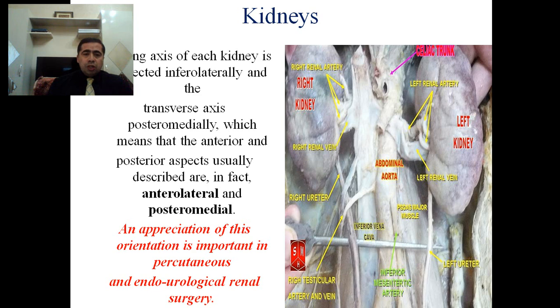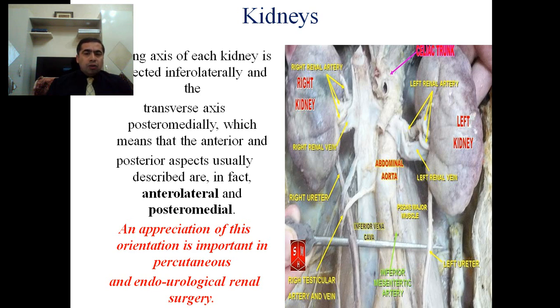This border has a concavity at its middle part, forming the hilum renalis for blood vessels and the ureter. Of course, the blood vessels, the renal artery, which enters into the kidney, and the renal vein and ureter, leave the kidney along the hilum.